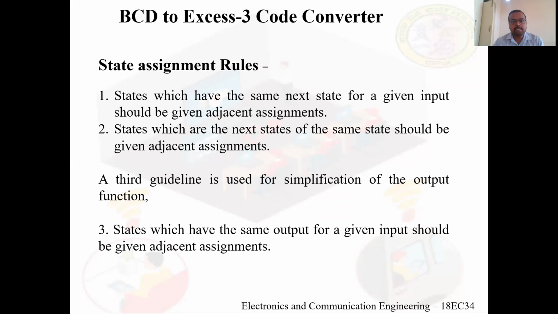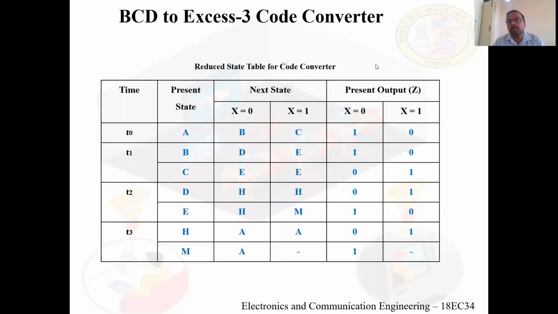now we'll come up with an assignment. You can see just by looking at the rules, for B and C here, when x is 1, the next state is E and E. Similarly, for states D and E, when x is 0, it is H and H. For H and M, when x is 0, the next state is A and A. Similarly, for AB, when x is 0, the output is 1, and for B it is 1.